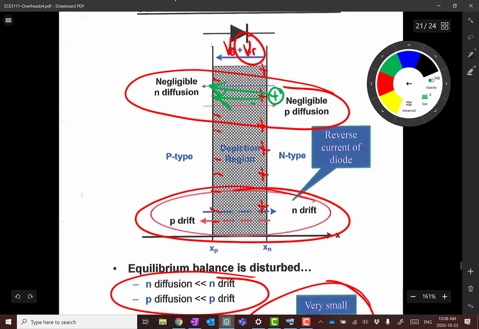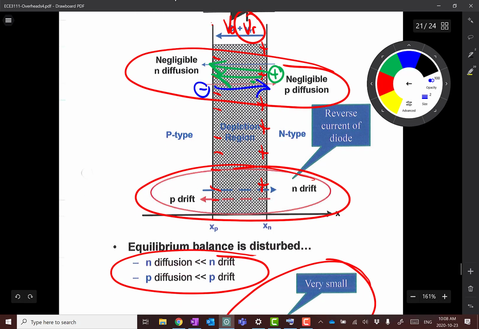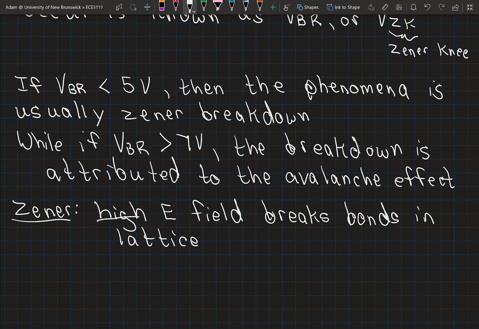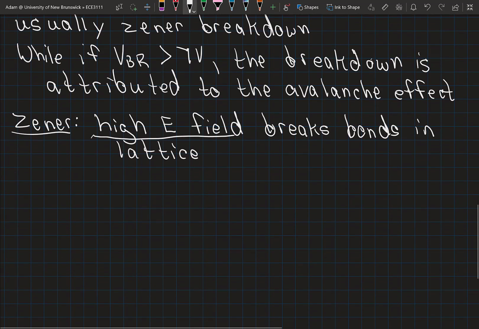Maybe I should show electrons with another color. Those electrons will get ripped across this depletion region, and that's the Zener effect. Okay, again, due to a high E field here.